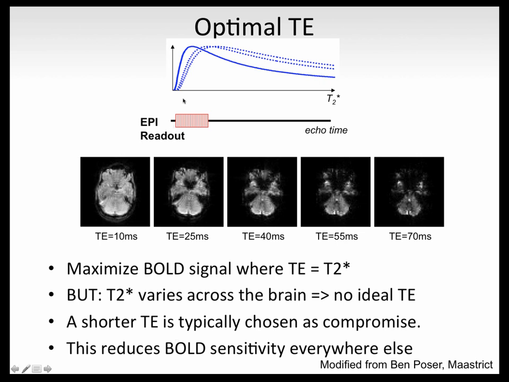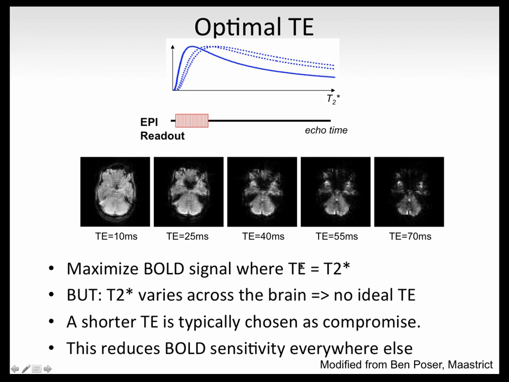So when is the optimal time to take a picture? Obviously, you want to do that when the signal is strongest. But of course, the T2 star for our BOLD signal varies across the brain. So there's no optimal time that'll optimize it for every single part of the brain. You can see that these are images taken at various different TEs, and they have slightly different contrast properties.